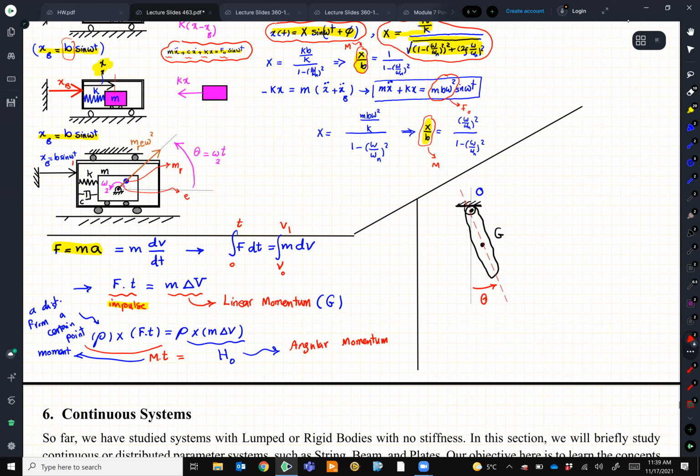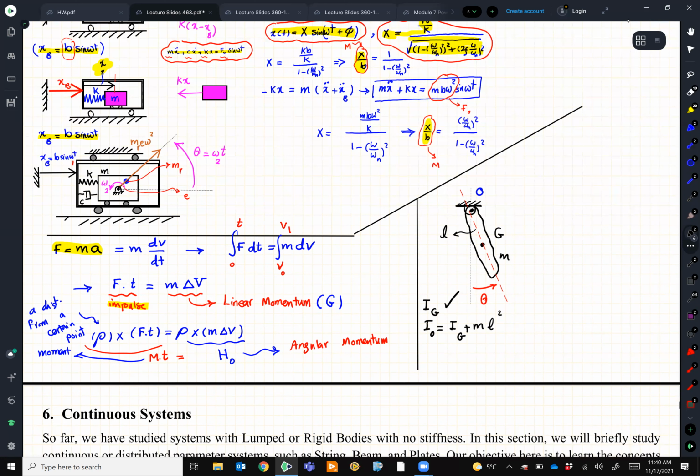So a pendulum, we fix it to the ground at point O, and we have it swing. So the center of mass is G, and the mass is M. Let's say we have I bar or IG, and we know how to find IO. It is IG plus M, let's say this distance is L, squared.